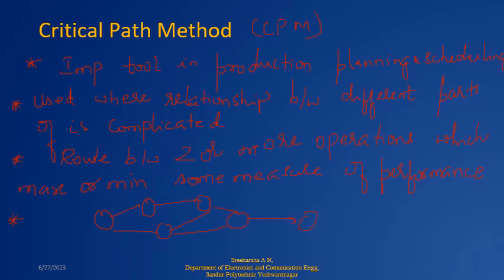Then we are deciding what are the paths, what is the longest time consuming path, and then marking that, and this becomes our critical path. Okay, so this is how CPM is done. So how do we put that in words? That is what we are going to discuss now here.